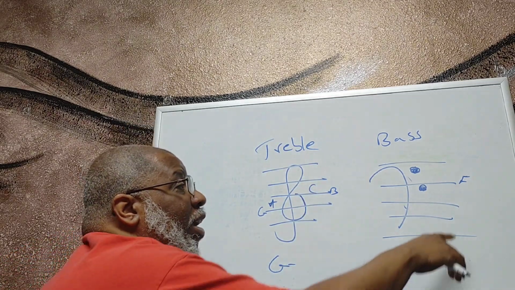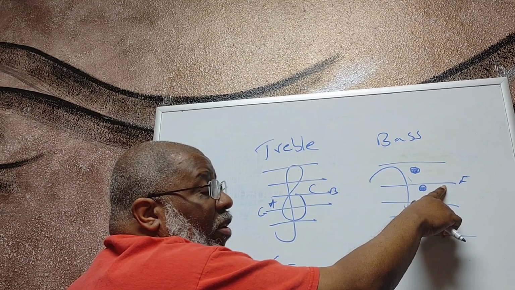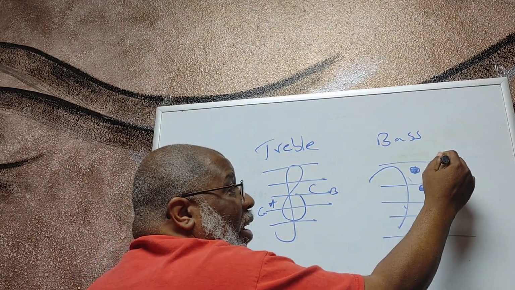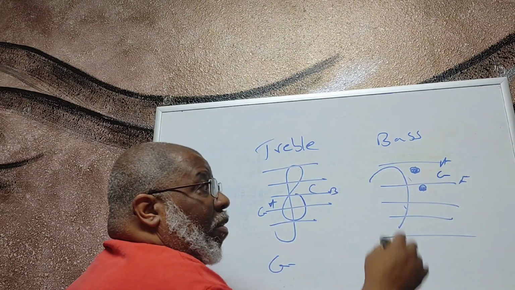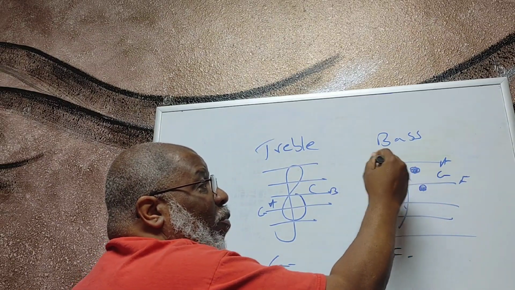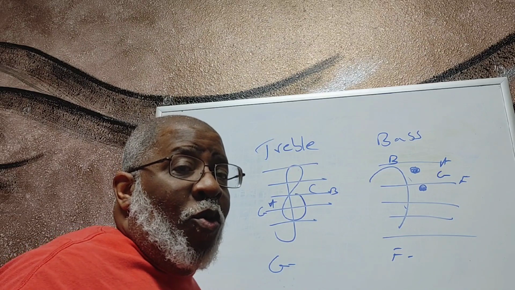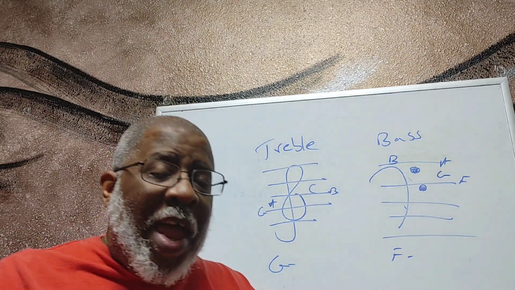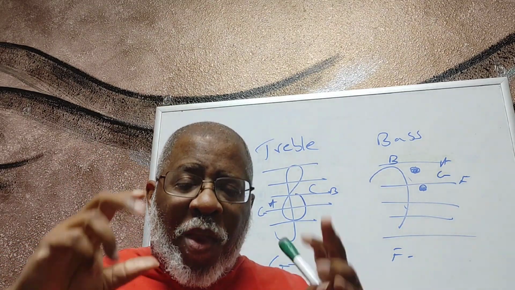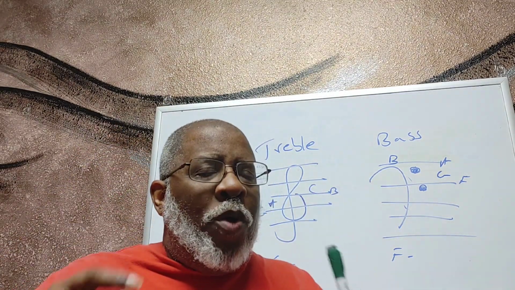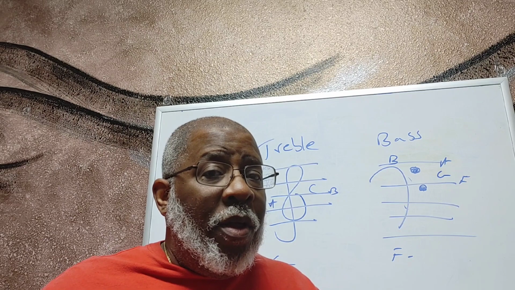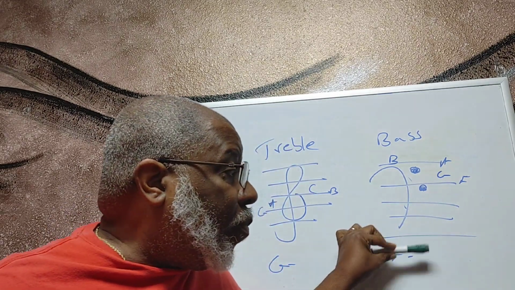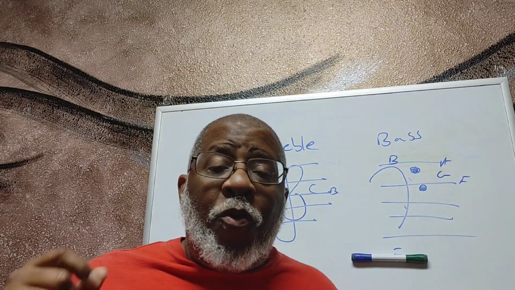Here we have F, so the next space is G, the next line is A, the space above the line is B, and so on. So once you know what the names of the lines and spaces are, you are a third of the way from being able to read music.